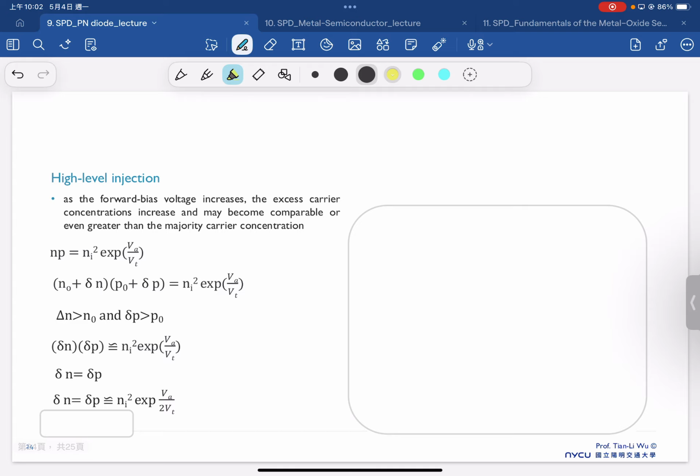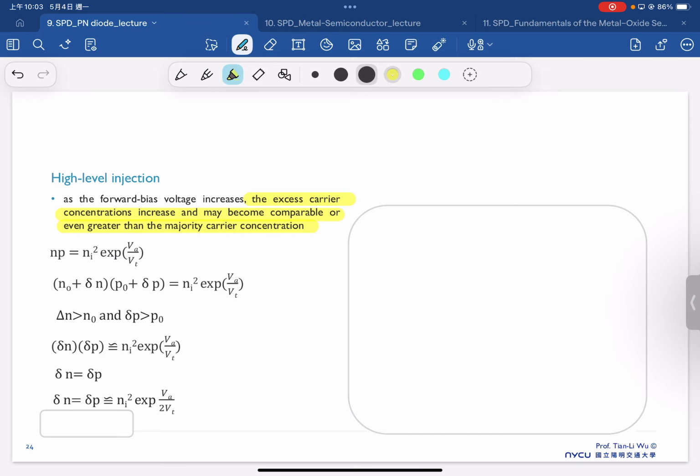The last one, high-level injection, we should also mention, because in the previous part we always assumed low-level injection, but in reality we have high-level injection. As the forward bias voltage increases, the excess carrier concentration increases and may become comparable to or even larger than the majority carrier concentration.